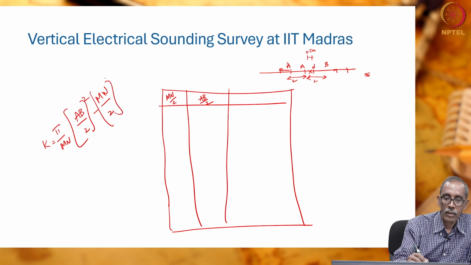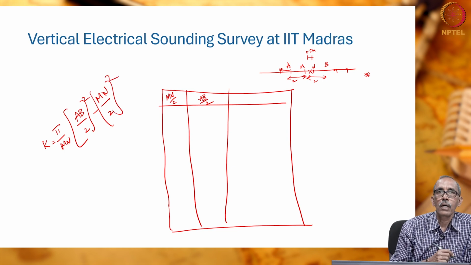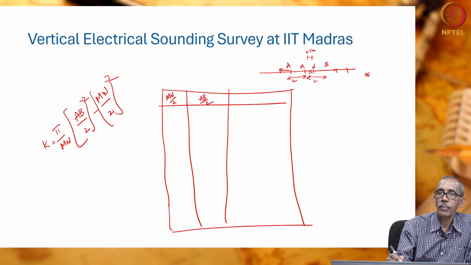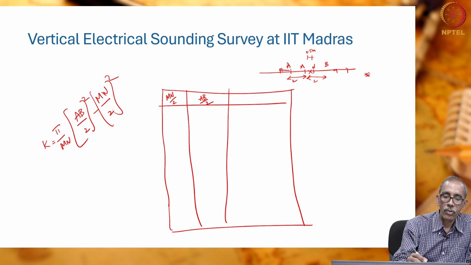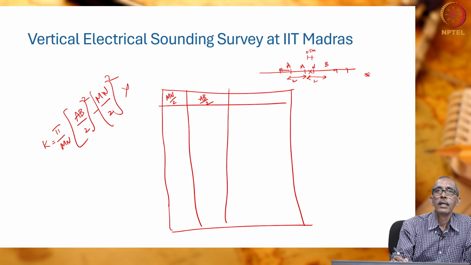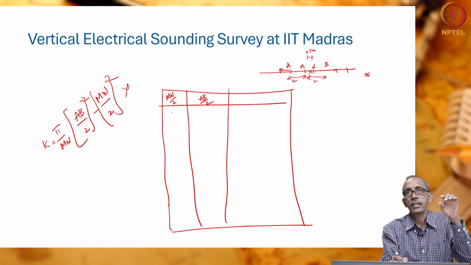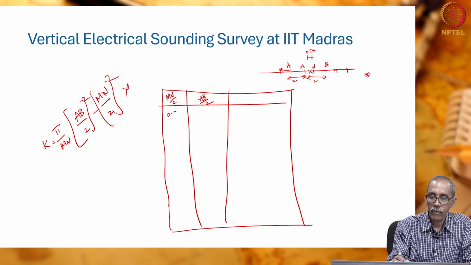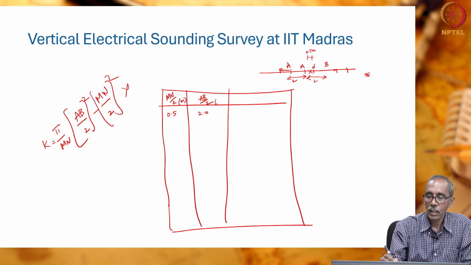In order to apply this relationship, we conventionally wrote MN/2 and AB/2, but with a modern-day resistivity meter we do not require all this, because we feed this information into the resistivity meter. As you had seen, there is a keyboard using which we enter these distances, in meters.